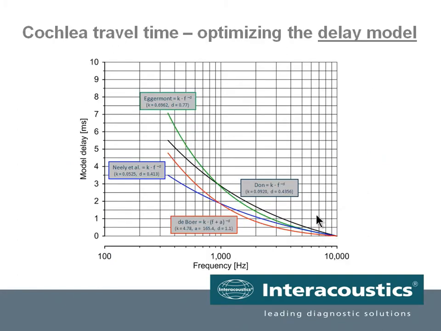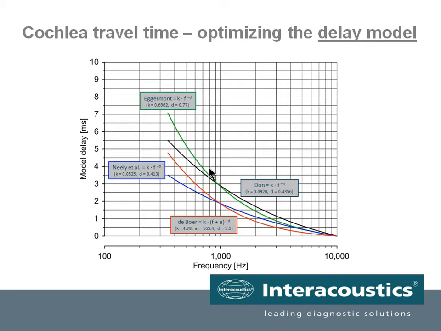Now, to which degree should we indeed have the low frequencies get a head start into the cochlea? Well, there are models that describe this, and there are a variety of models here, and the trick in getting really good improvements in response amplitude by using chirps is, of course, to find the right delay model.